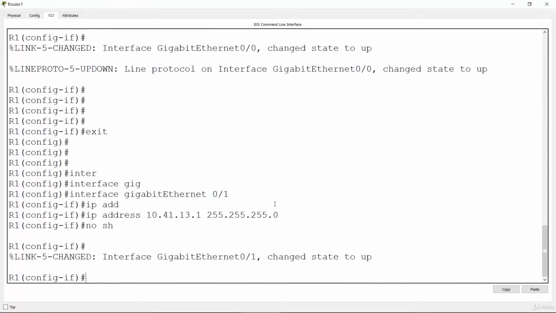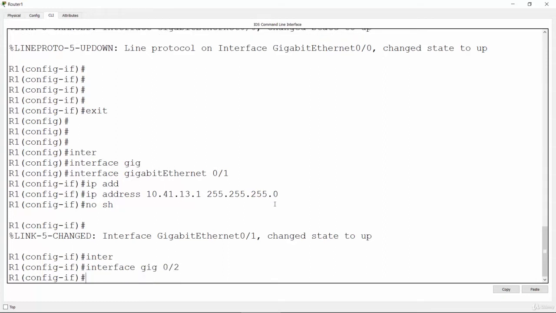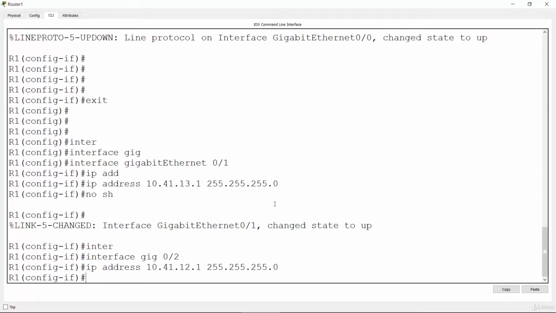Let's go to interface Gig0/2, and my IP address for here will be 12.1. Okay.